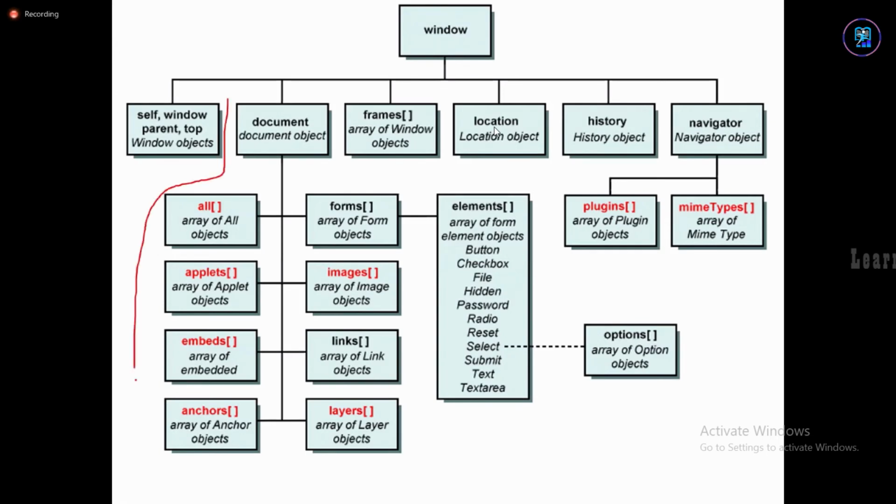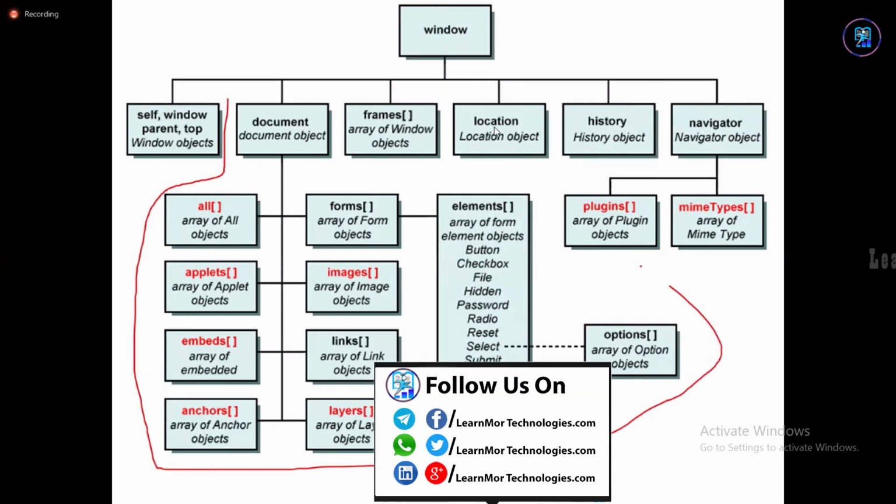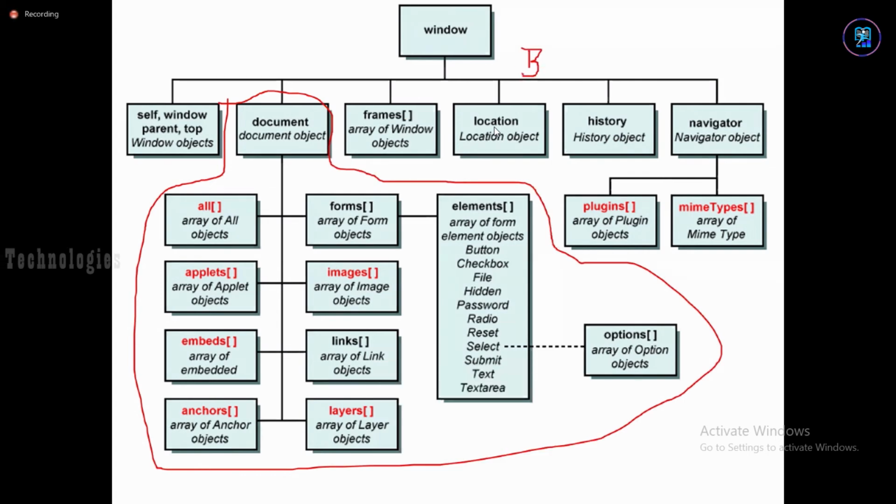This document part belongs to HTML, and this is called DOM. The outer part belongs to the browser, and we call this BOM, the browser object model. And this is called DOM, the document object model. So DOM belongs to HTML.